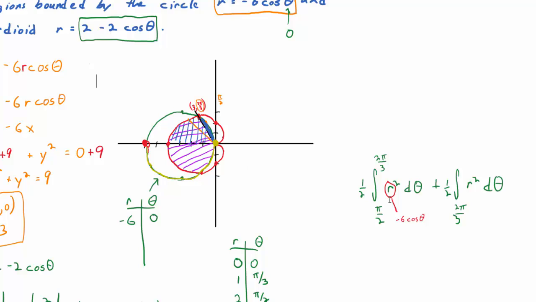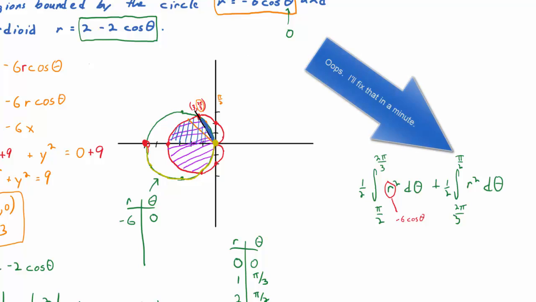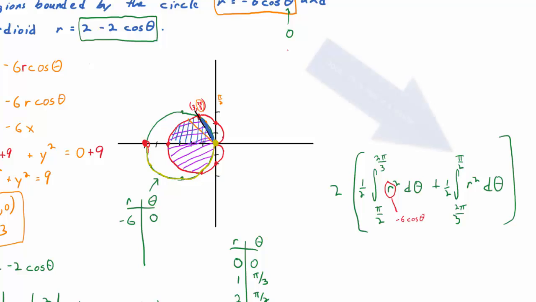Pi. So if we just go from 2 pi over 3 to pi and double it, we'll be in good shape. So let's remember to double that right now. And then what's the r for that? Well, it's the cardioid, right? So it's 2 minus 2 cosine theta.